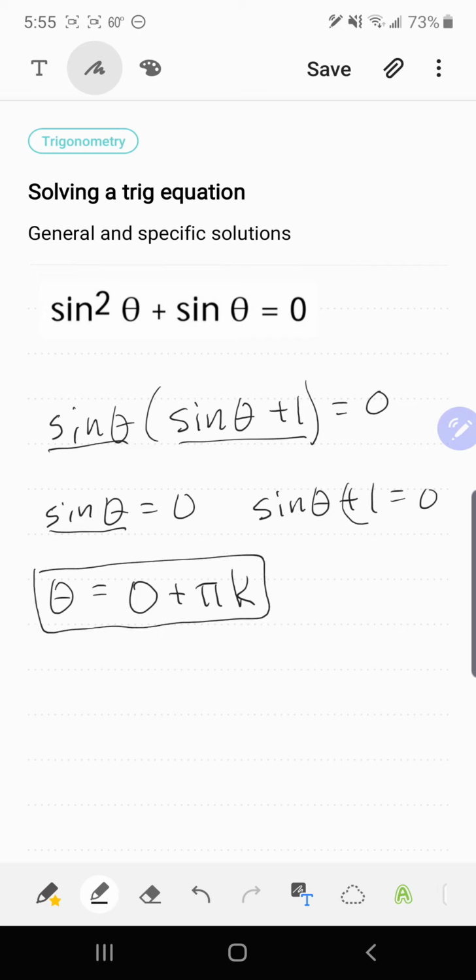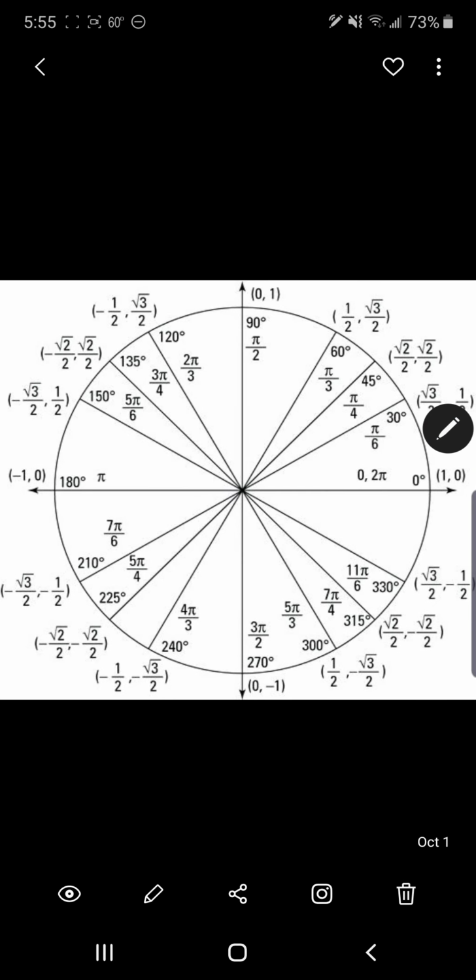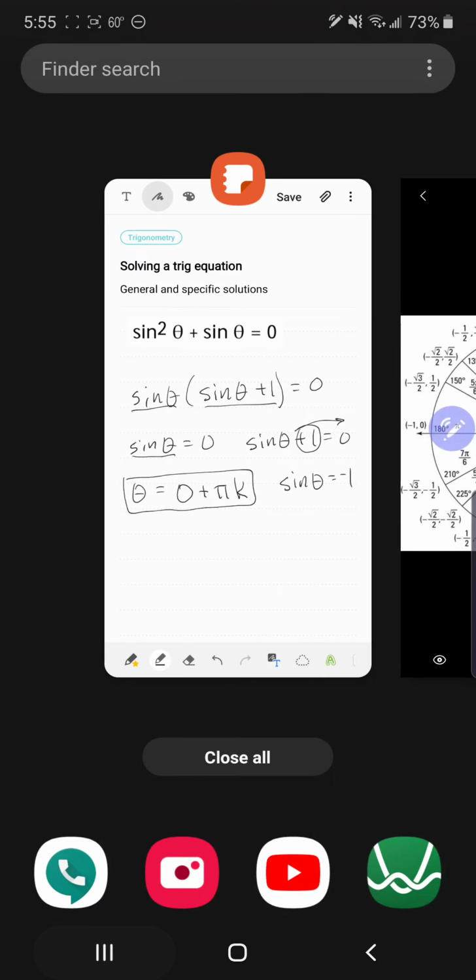For the other factor, if I move the 1 over, that's going to say sine theta equals negative 1. And remember, sine is y, so we're looking in the unit circle for where y is negative 1, and that's at 3 pi over 2. So from 0 to 3 pi over 2, and then if I keep going around a full circle, I'm going to keep coming back to this y value of negative 1.